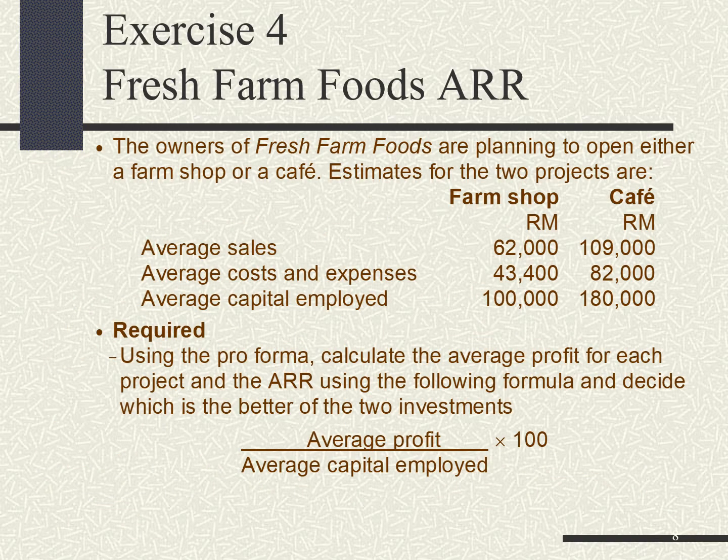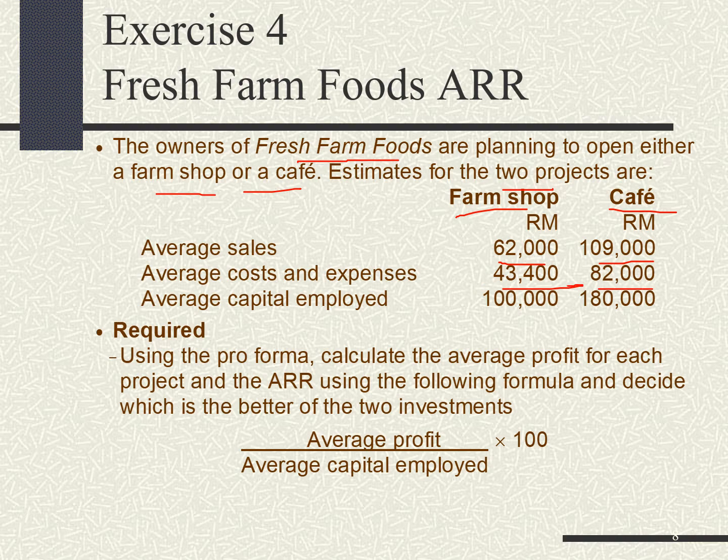Okay, another example. Owners of Fresh Farm Foods are planning to open either a farm shop or a cafe. So they estimate 2 projects, farm shop dengan cafe. Average sales 62,000, yang ni 109,000. Average cost and expenses, this one is 43,000, this one is 82,000.